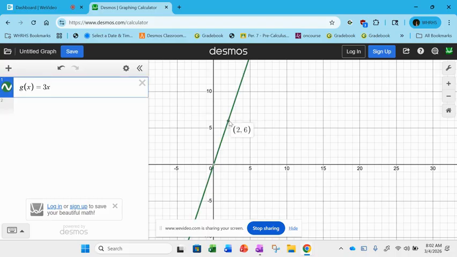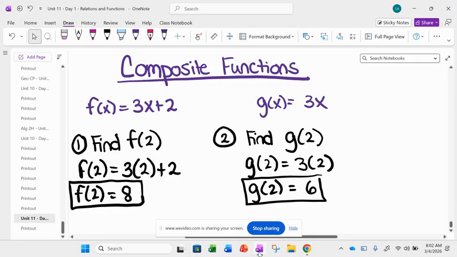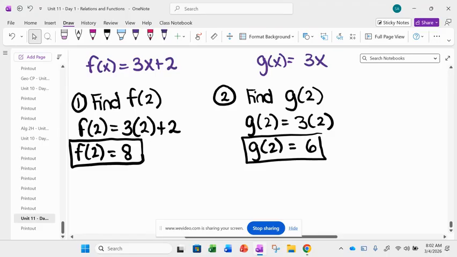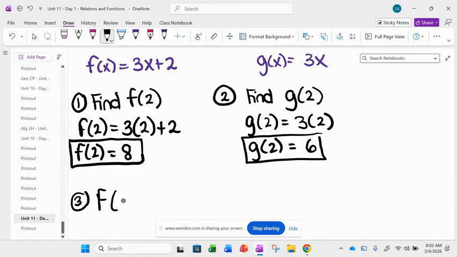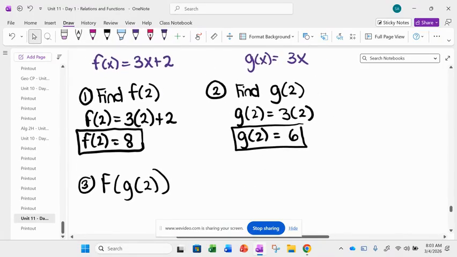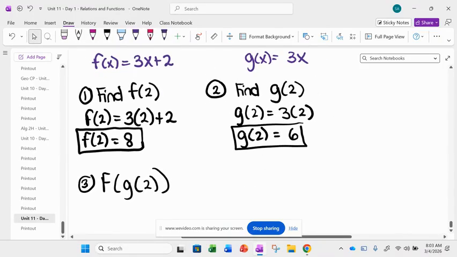All right, there's the point 2 comma 6 on our graph. All right, next one. Let's find f of g of 2. So think of PEMDAS, guys. When there's multiple parentheses, which ones do you work with first?